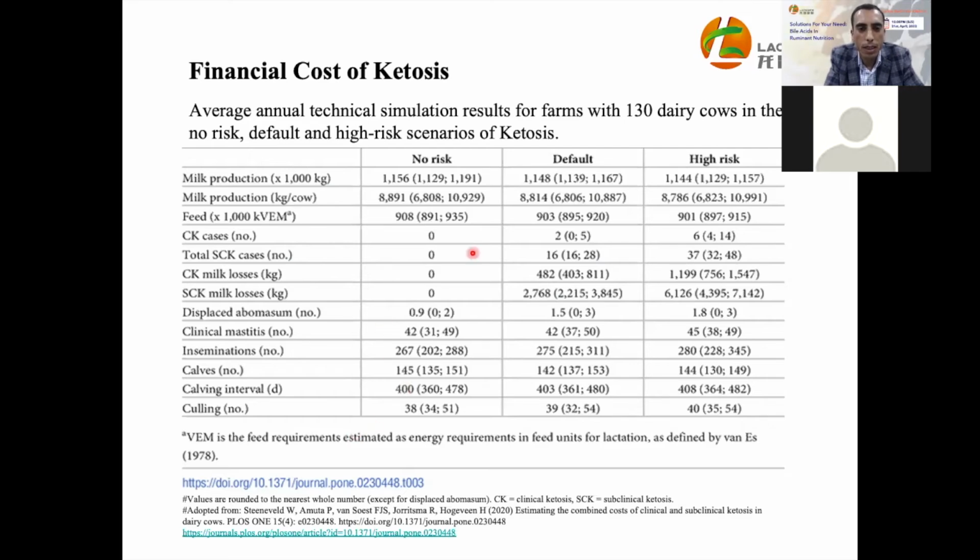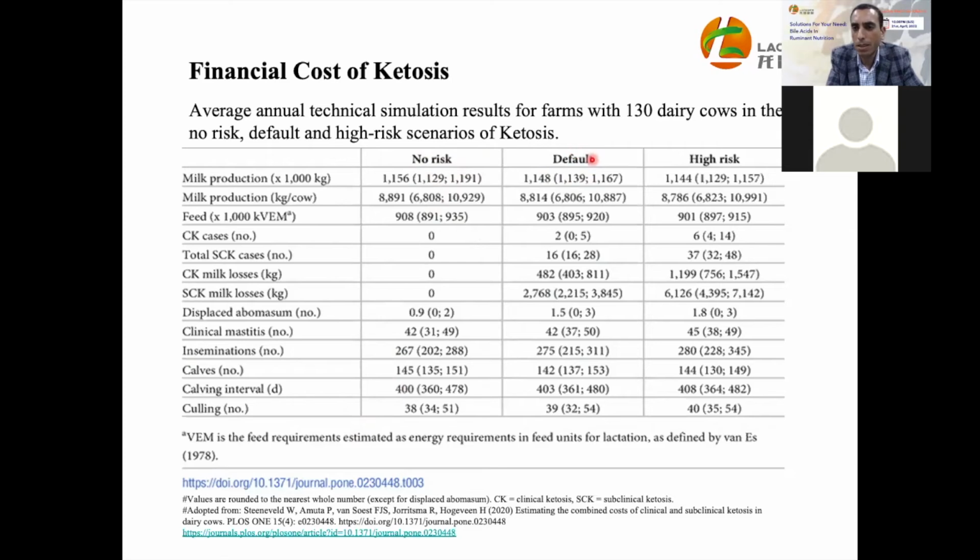They categorized the simulation into 3 groups. No risk, which means no incidence in the cows, and the second one, default, which means the normal occurrence rate in dairy farming, especially for well-managed dairy farms, where the incidence rate is at a lower level.